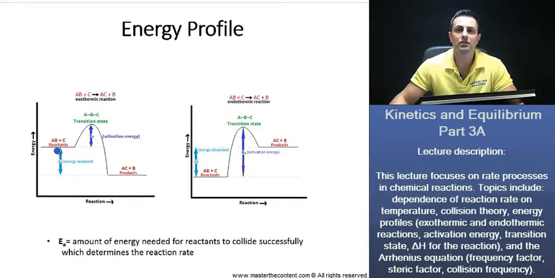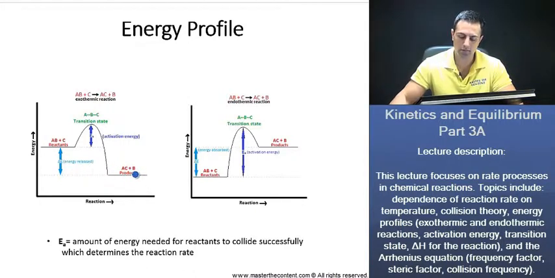And that energy is kinetic energy, and it basically comes from the collisions. Now, once it has enough energy, that kinetic energy will become potential energy in the transition state. That potential energy is then transformed back to kinetic energy in our products. So the AC and the B products.